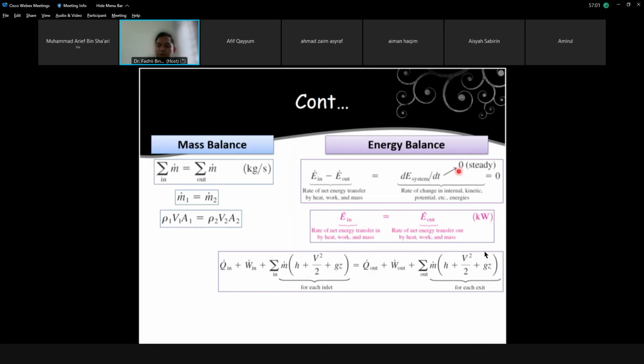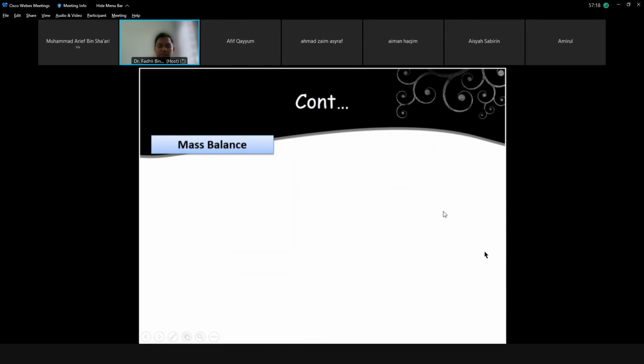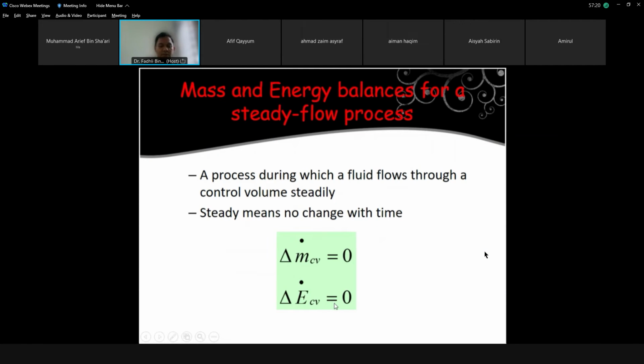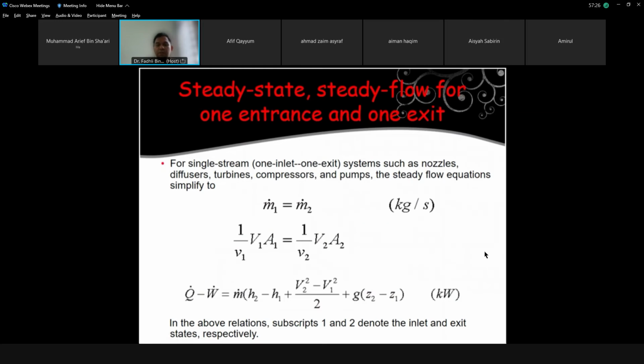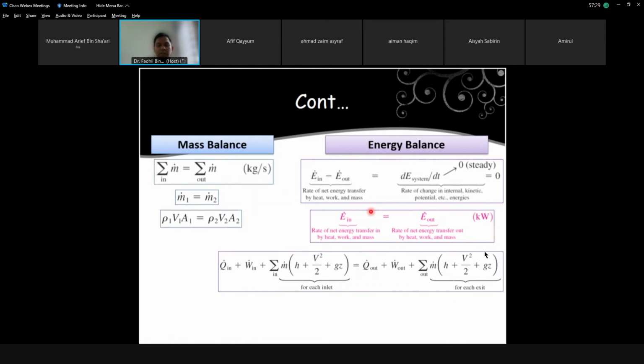Okay, since the process for open system is steady flow process, so the rate of change ataupun the change of energy, rate of energy here is equal to 0. Yang tadilah slide sebelum ni, this one kan, this is equal to 0. So therefore the energy balance equation become E dot in equal to E dot out.